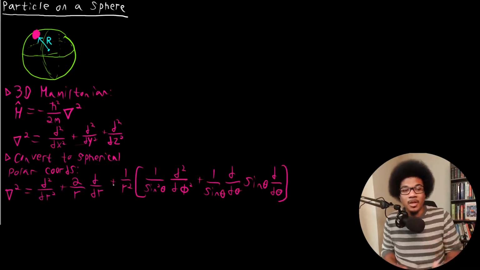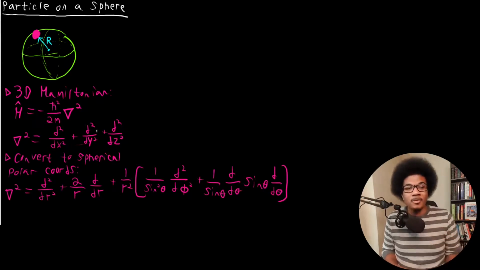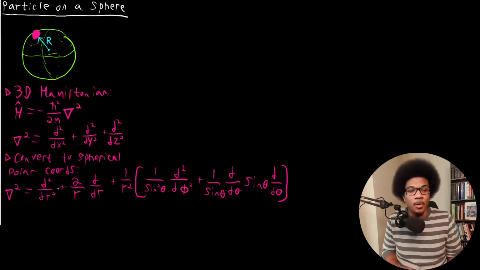This is what you get when you convert from Cartesian coordinates to spherical polar coordinates.